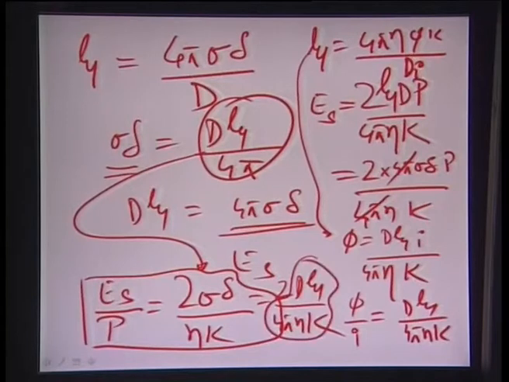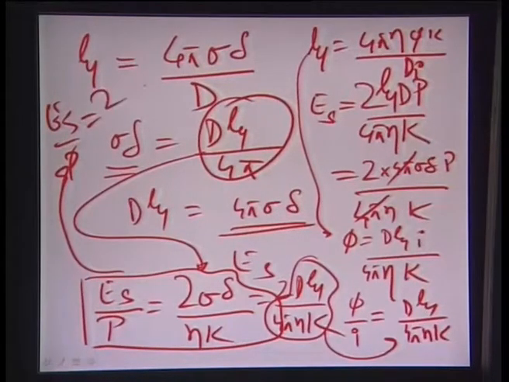This quantity looks similar to this one. So, essentially E_s by P here is nothing but twice this quantity phi by I. If you can measure the flow rate in such a streaming flow and also measure the amount of current that is produced, this can easily give you the ratio E_s by P, where E_s is the streaming potential and P is the pressure.